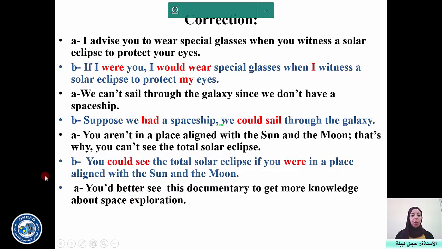So you can say you could see the total solar eclipse if you were in a place aligned with the sun and the moon. All right, again, can't see became could see. It should be positive. So all the verbs that are positive become negative, and all the verbs that are negative become positive. Okay.